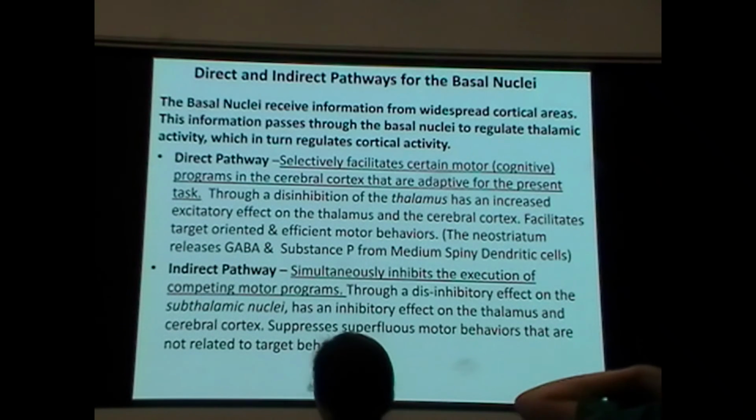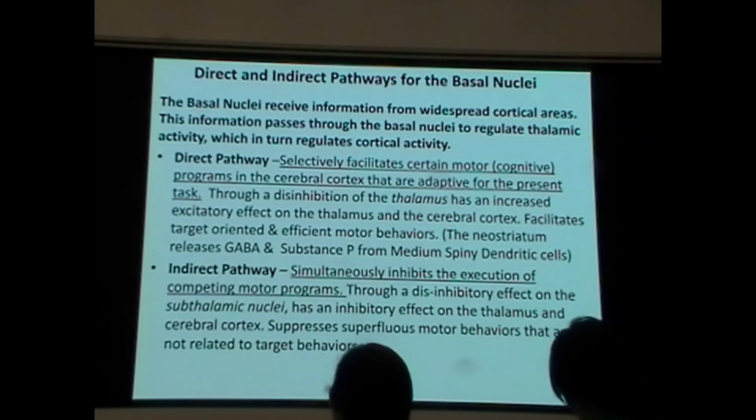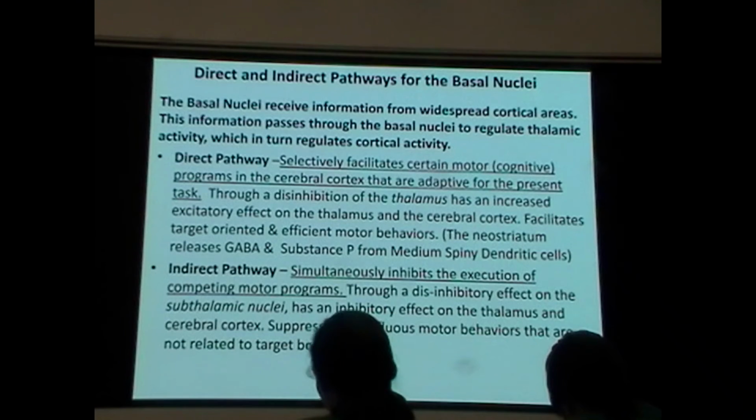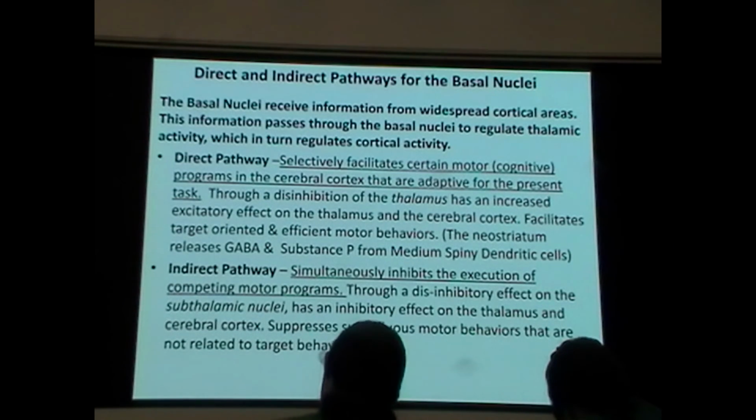Okay. We'll see an example of that in a second. So here, basically, the striatum is inhibiting the gamma-aminobutyric acid output of the globus pallidus on the thalamus, and therefore increasing its excitability.